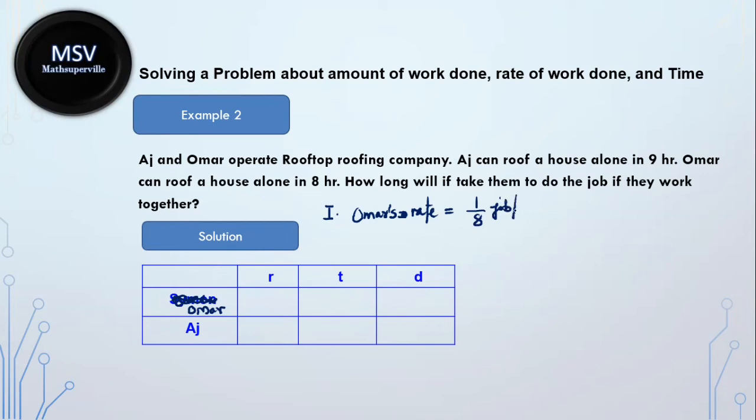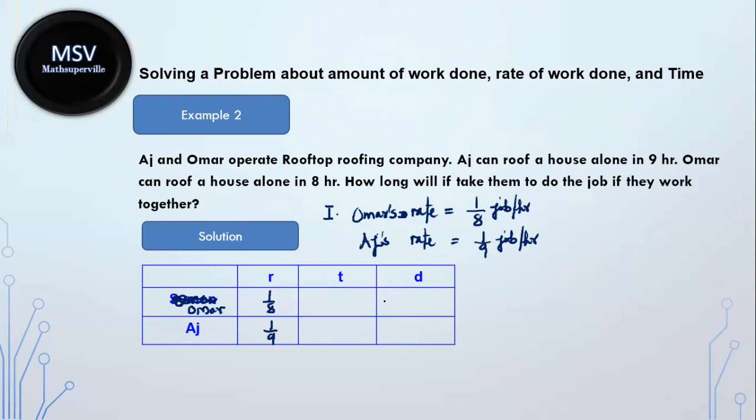So that's the rate of completion by Omar. And then AJ's rate is 1/9. So he completes 1/9 of the job each hour. So we can say for Omar it's 1/8, for AJ it's 1/9. So that's the rate at which they do this particular roofing.